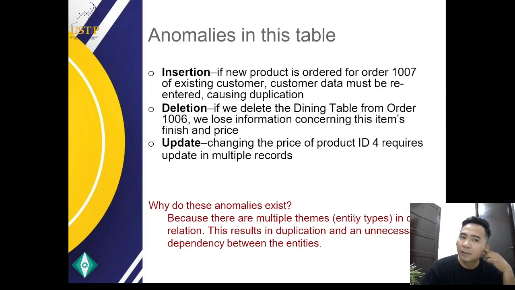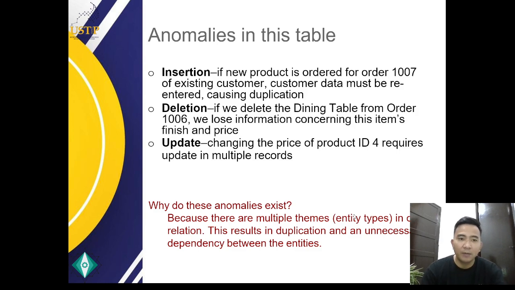Next, we have anomalies in this table. We have the insertion anomaly: if a new product is ordered for an existing customer, the customer's data must be re-entered, causing duplication. This is because the invoice table combines information about both orders and customers, leading to redundancy.